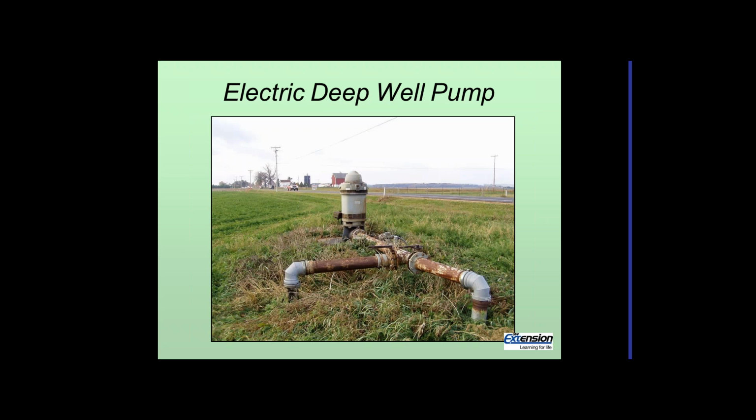So here's an example of an electric well, or vertical turbine pump. This is an electric motor here. We've got two distribution points coming off that and some valves in here to control which way the water goes. This one happens to be a 125 horsepower motor that feeds a center pivot.